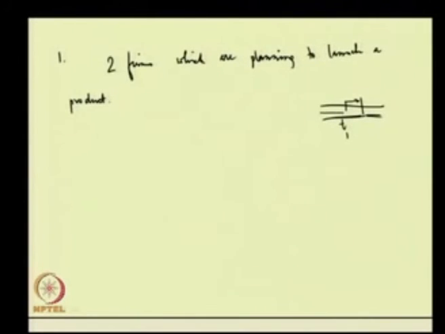The equilibrium we saw was the following. It was given by T star, where H of T star is equal to half, which means that they will release their goods at the same time T star.